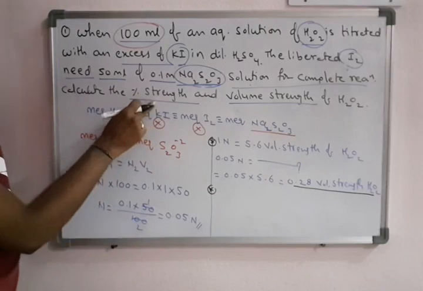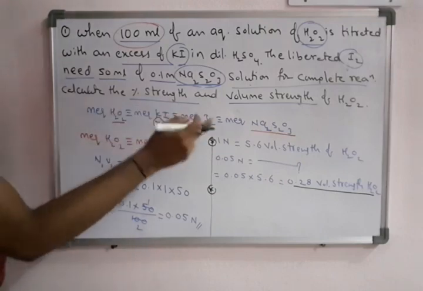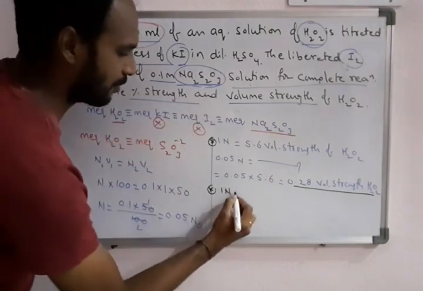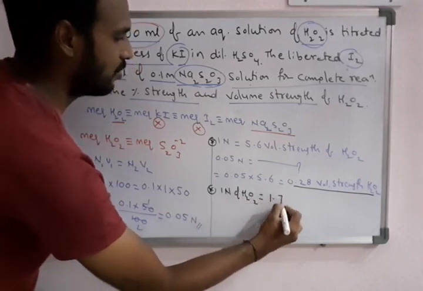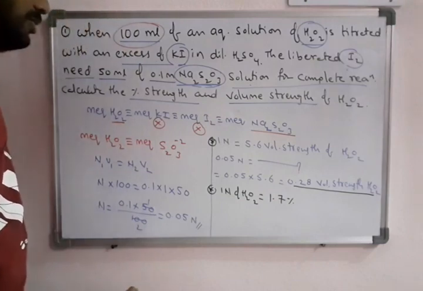Next, see the percentage strength. The basic calculation we know is that 1 normality of hydrogen peroxide is equal to 1.7 percentage.